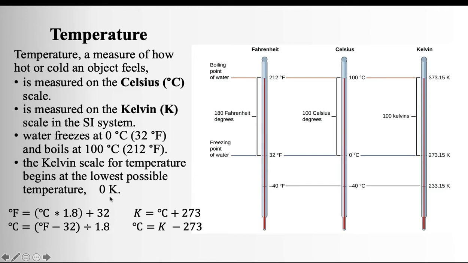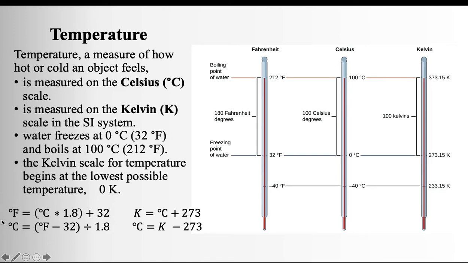That is not quite possible. We've gotten close though, so that's interesting. But know that absolute temperature is 0 Kelvin on the Kelvin scale, or minus 273 on the Celsius scale. These are the equations that we're going to use to convert from one temperature to the next.